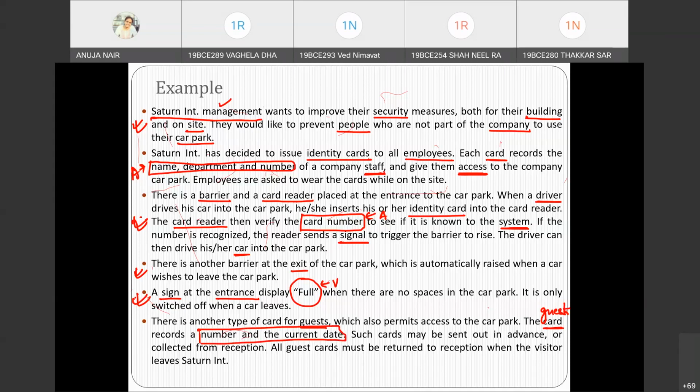These are attributes. Reception, okay, I'll keep reception. Visitor is guest only, no? It's the different name which is given. Visitor is guest. Still, I'll put. Anything else? So are we done with all the analysis classes?